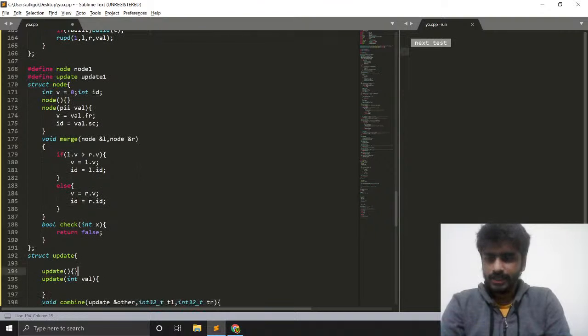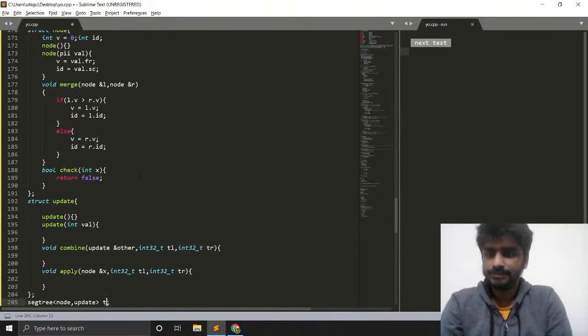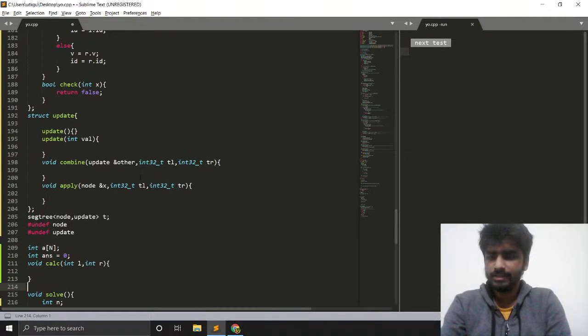So this is basically a segment tree, and it will give me the maximum element and the index of the maximum element.